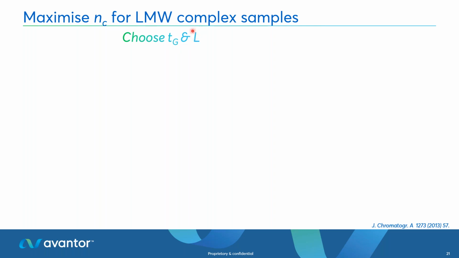And of course, choose a column length. I'm not going to tell you which column length you need to choose, but I will tell you the easiest column length decision is basically take that column that you used with your column selection study that you did before. So choose your gradient time, choose that column length.